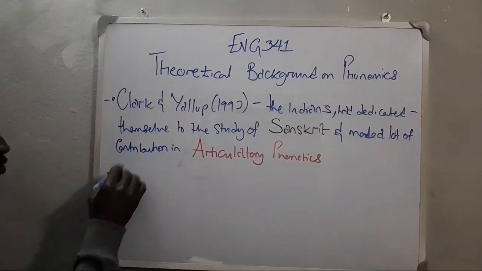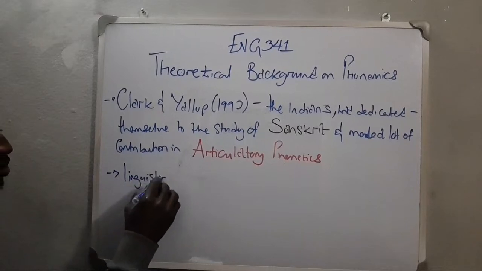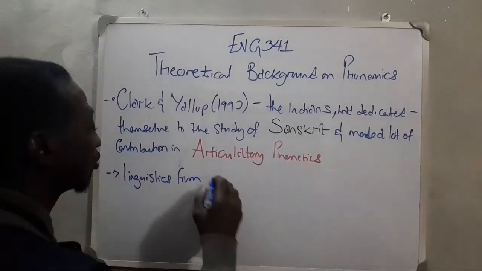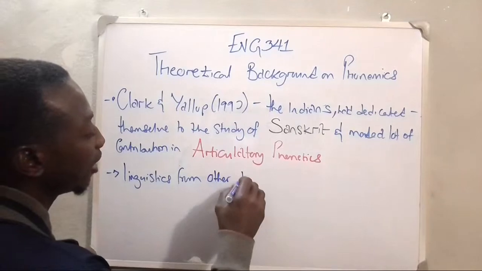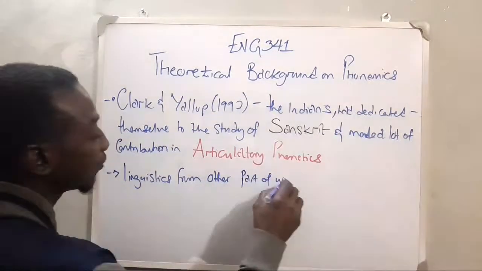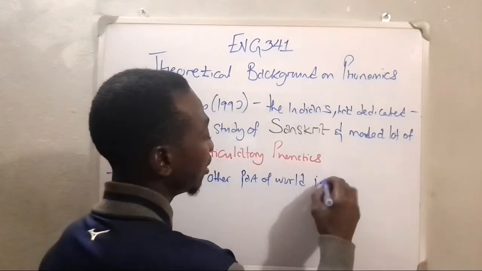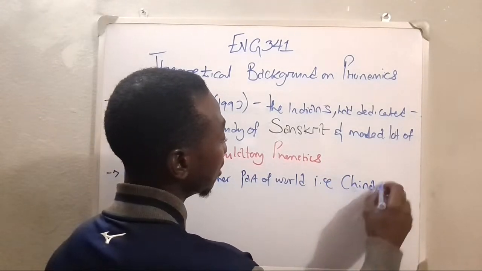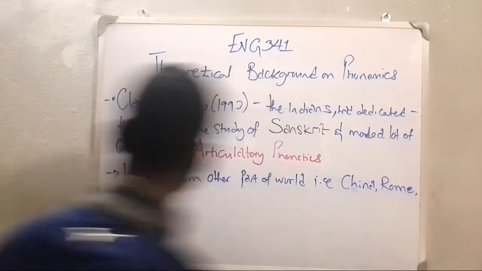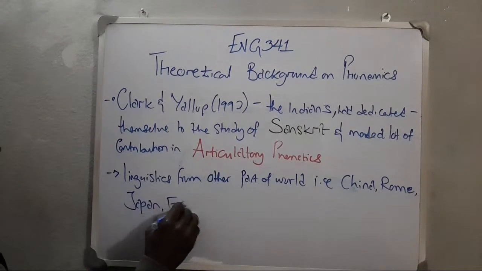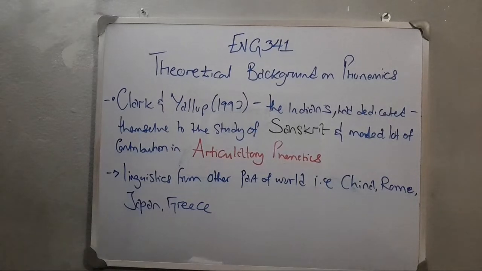Apart from the Indians, we had linguists from other parts of the world, i.e., China, Japan, Greece, and Rome.